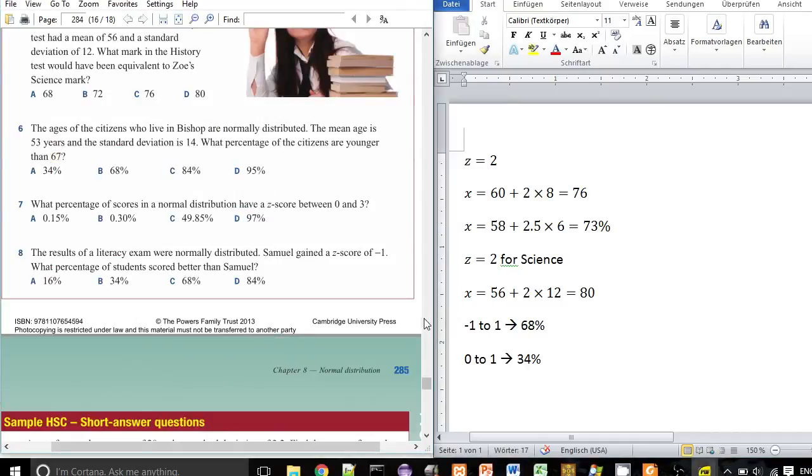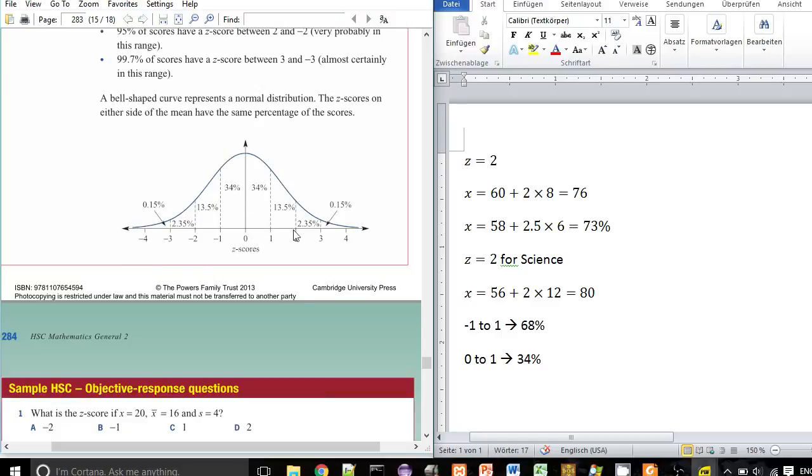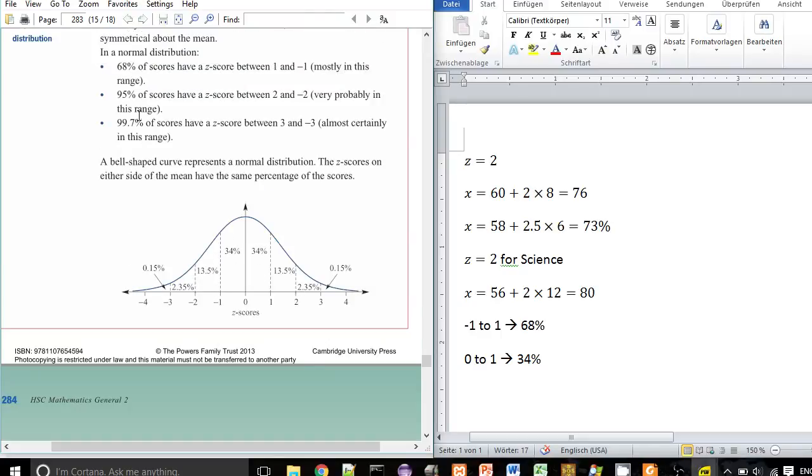So if you think about it from the middle, let me maybe go back quickly. This is 0. This half should be 50%, and this is 50%. We're looking at everything below 1. Okay, this area. So we've got 50% plus this one, which is 34%. So what percentage are less than a z-score of 1? Should be 84%. Okay, same if you went up to 2, you just take the -2 to 2 number, like 95%, halve it would give you just these two parts, and then you add 50%.